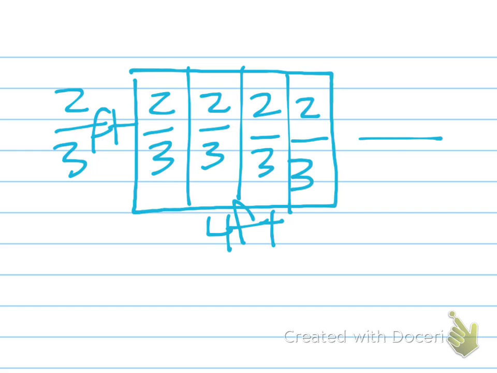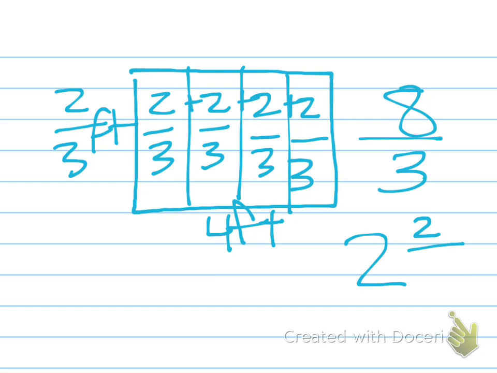So we know we keep the denominator the same. 2 plus 2 plus 2 plus 2 is 8/3. So you could either do 8/3, or if you want to simplify it, 3 goes into 8 2 times with 2 left over. So it would be 2 and 2/3 square feet.